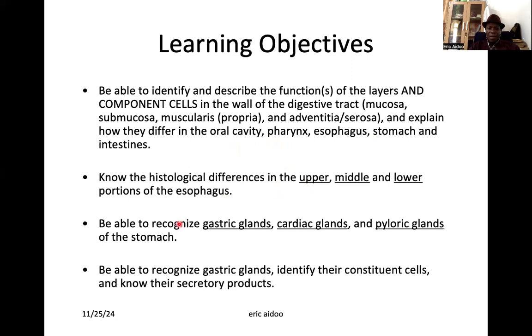Should be able to recognize gastric glands, cardiac glands, and pyloric glands of the stomach. If you haven't watched the video on the endocrine glands too, you can look at that. Be able to recognize gastric glands, identify their constituent cells, and know their secretory products.